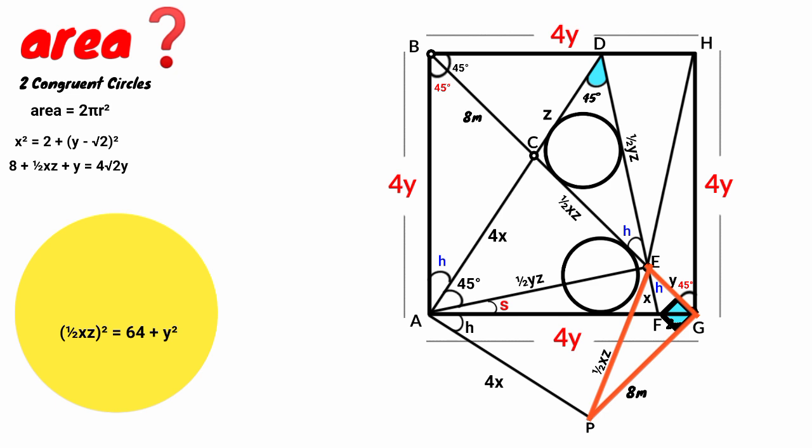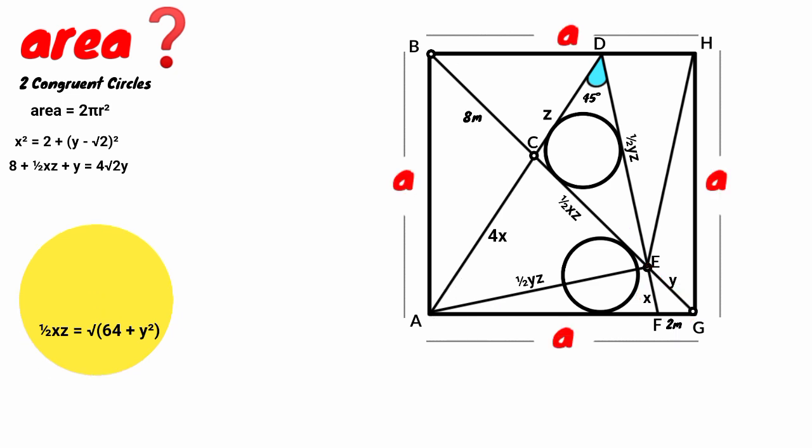We take the square root of both sides. Here, square root of 1 over 2xc all squared is 1 over 2xc. So 1 over 2xc equals square root of 64 plus y squared. Back to this equation. Replace this 1 over 2xc with square root of 64 plus y squared.